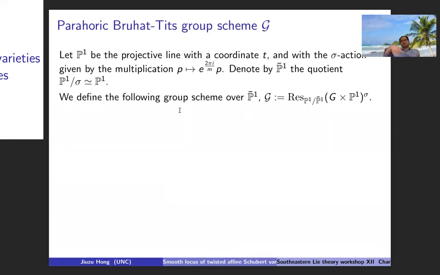Now let me explain the strategy, how we get our duality theorem. Our duality theorem is of twisted type. We prove this duality theorem by using some global methods. Basically, we build a family of affine Grassmannians.